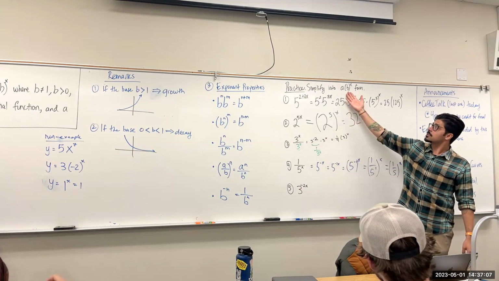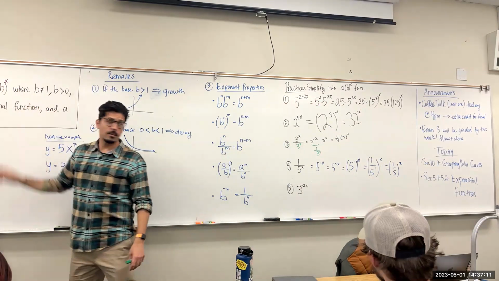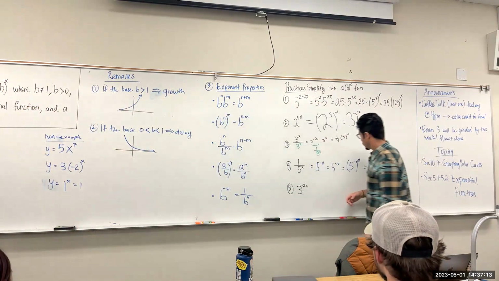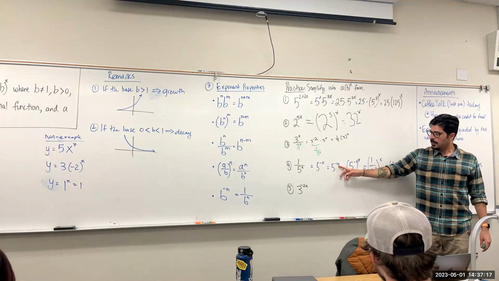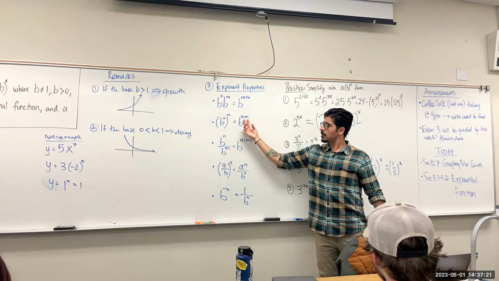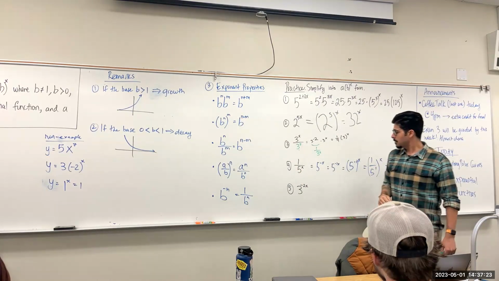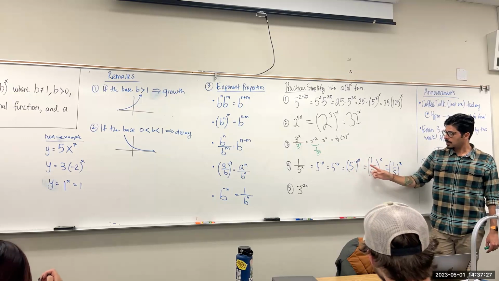But the general form doesn't have a negative x in front. So we can rewrite this as -1 times x, and then use rule number 2, which says if 2 exponents multiply, I can split it up as powers. And now what's inside, I can write as a reciprocal.